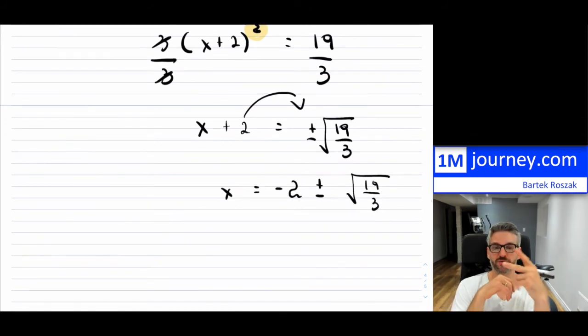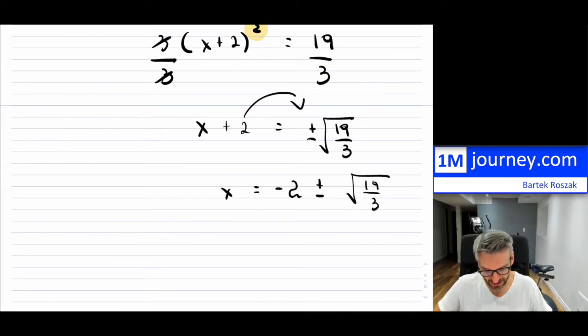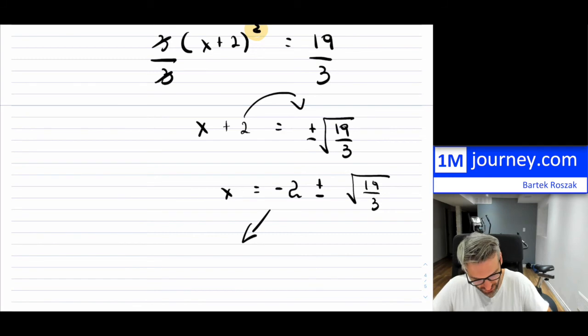So we have two solutions, negative 2 plus the square root of 19 over 3, and negative 2 minus the square root of 19 over 3. And those two are actually pretty ugly. Now, let's check that right here for ourselves.